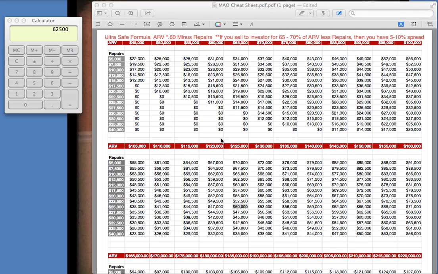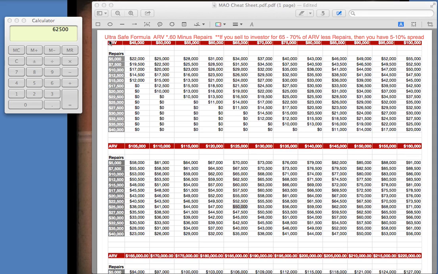As you can see across the top here, I have the ultra safe formula that we're using in this cheat sheet, which is ARV, which stands for after repaired value, times 60% minus repairs. That's the formula that's used on all of the calculations that you're looking at.